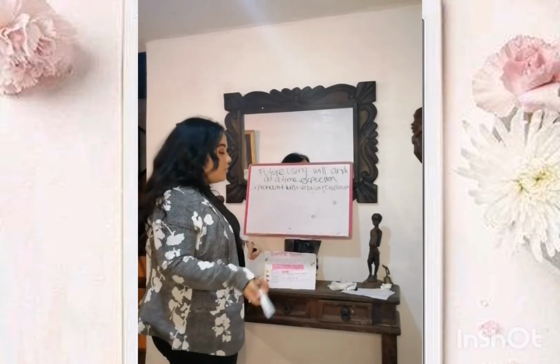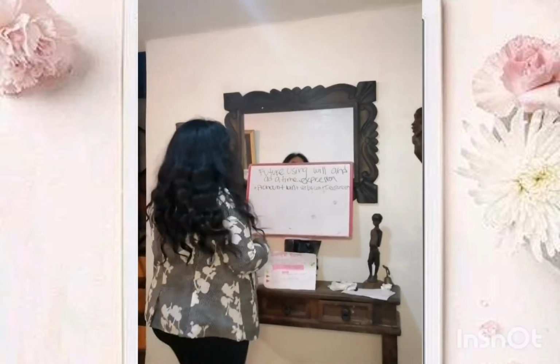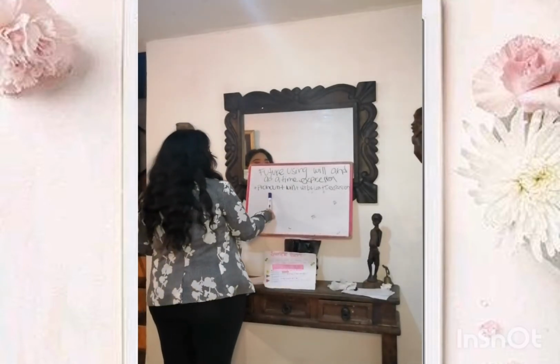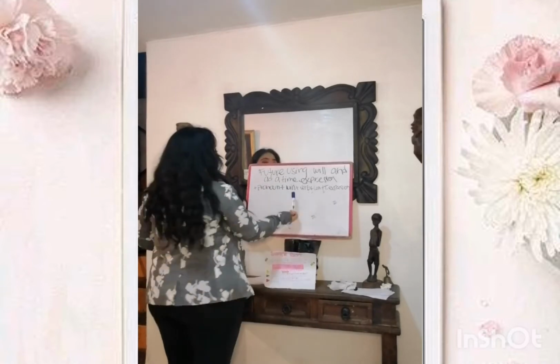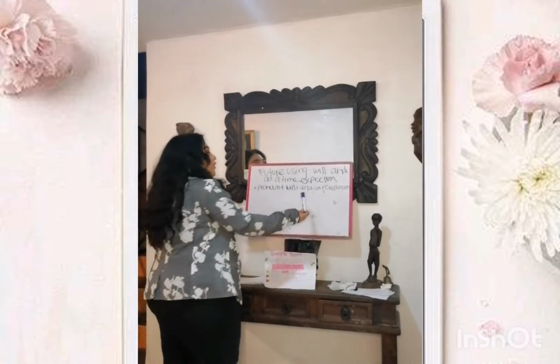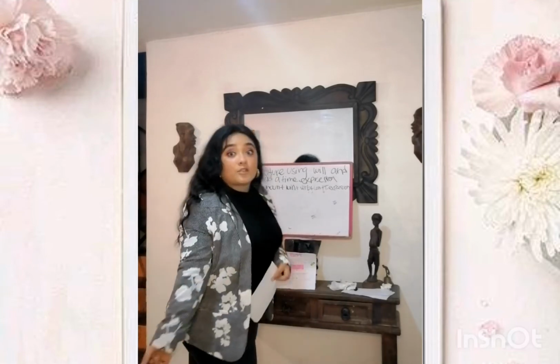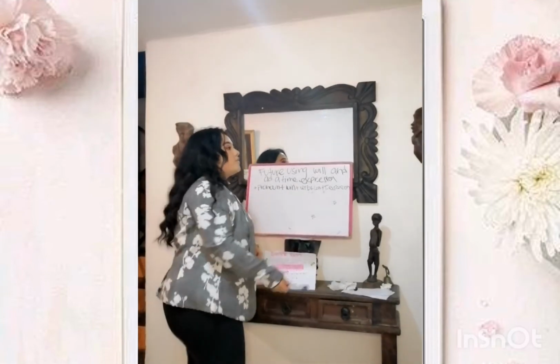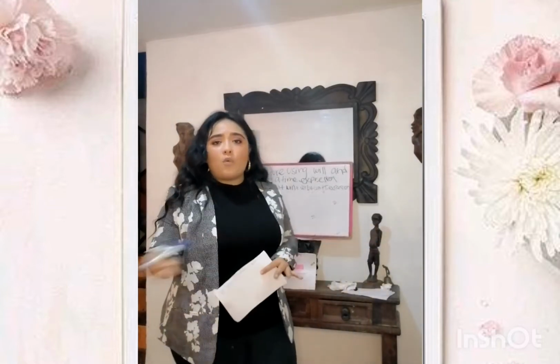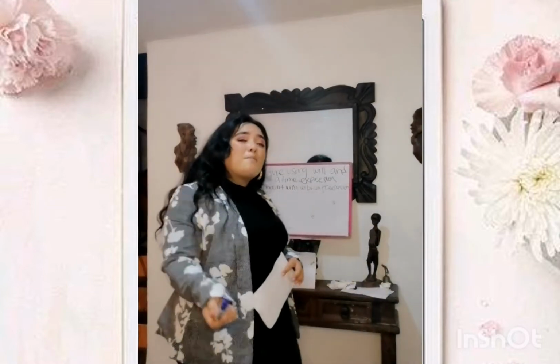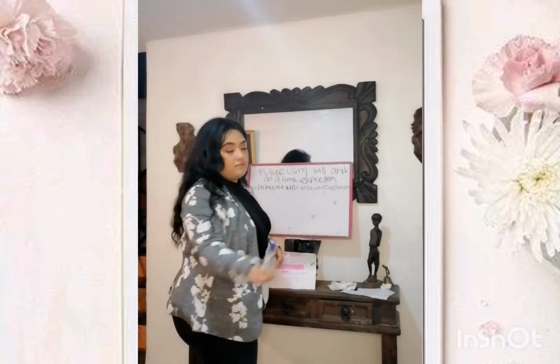The sentence with the time expression is composed of the pronoun plus will plus the verb plus the complement and plus the time expression. I know it's a little bit larger, but it's not that difficult. We can make a shorter sentence if you want as well, but just remember to add the time expression.